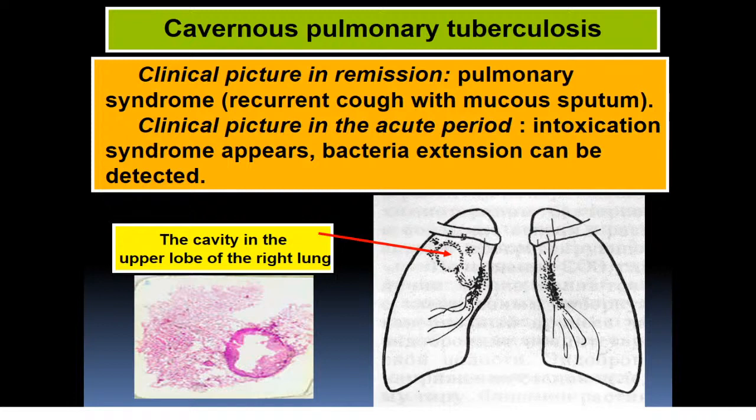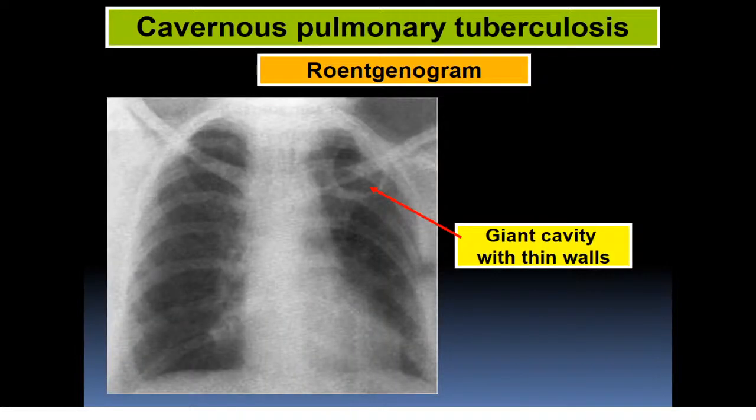On photo and on scheme, you can see a cavity in the upper lobe of the right lung. On X-ray, cavernous pulmonary TB is characterized by the presence of a ring-shaped shadow.